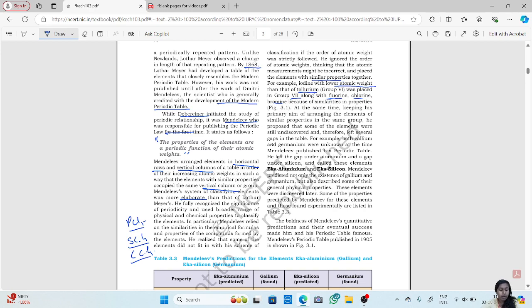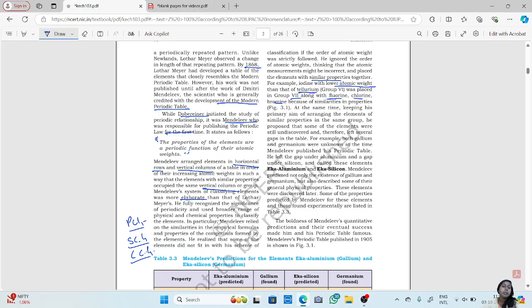Usually, if we place the elements according to atomic weights, then in place of iodine it should be tellurium. Okay, but the properties of tellurium and iodine are completely different.